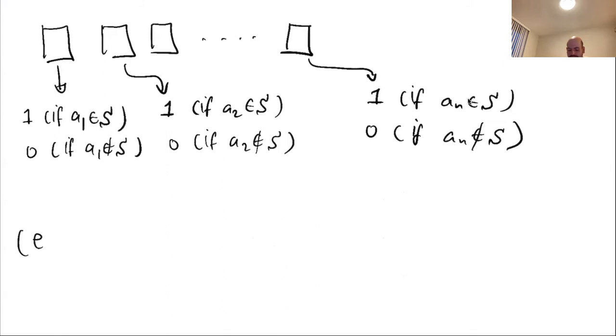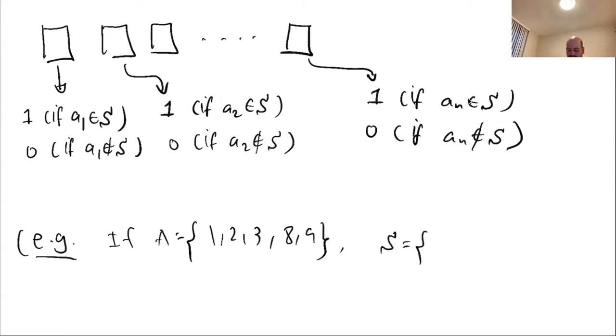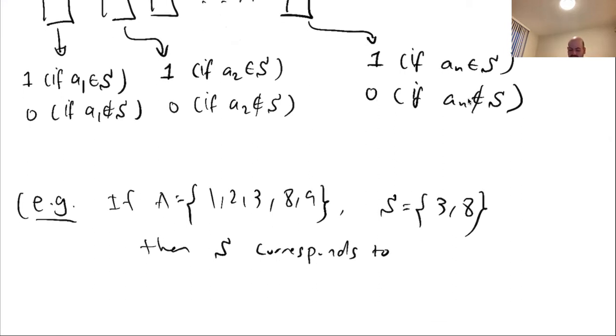So let me give you an example. Let's say, for example, A equals 1, 2, 3, 8, 9, and S equals, let's say, 3, 8. See, if A is 1, 2, 3, 8, 9, how many elements does A have?